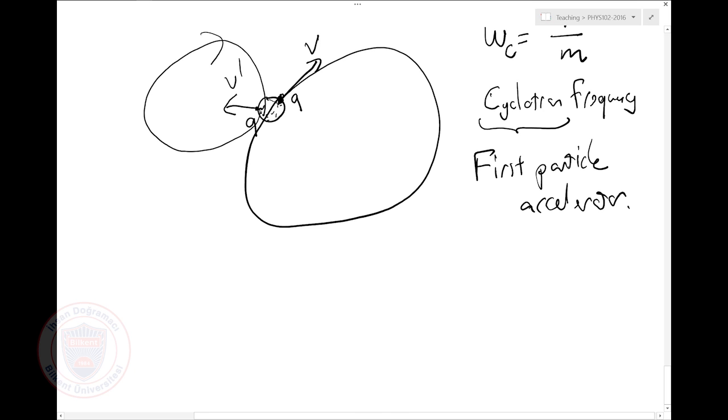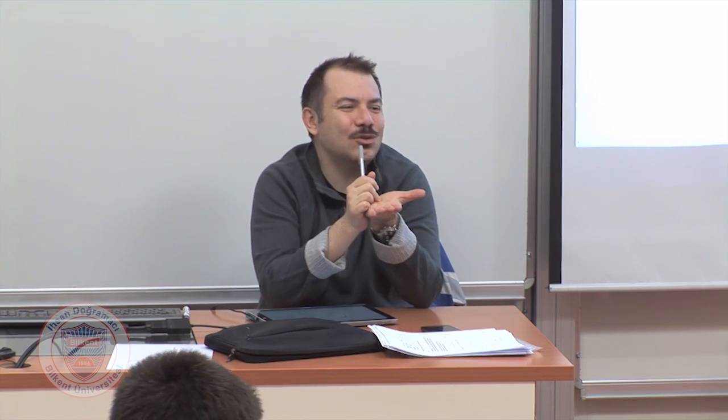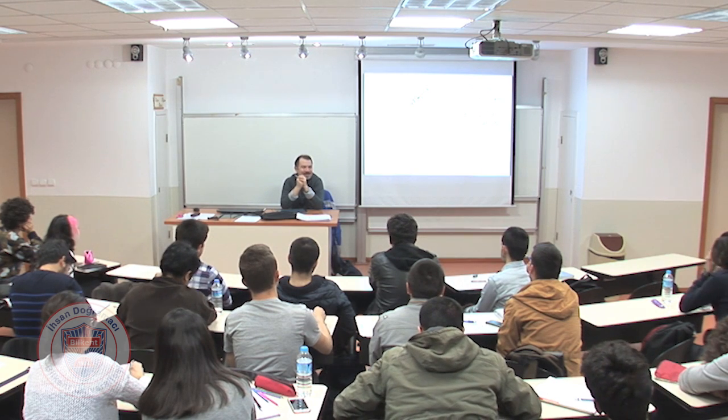How big is that? It has a 4-kilometer radius. So it's a pretty big object. The first particle accelerator, the cyclotron, could fit in your hand. And it got the electrons to 0.9 of light velocity. Okay, so it's a pretty nice device.